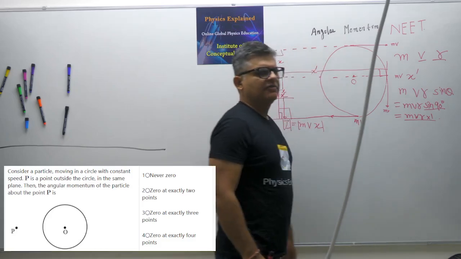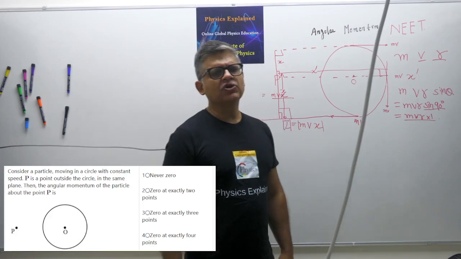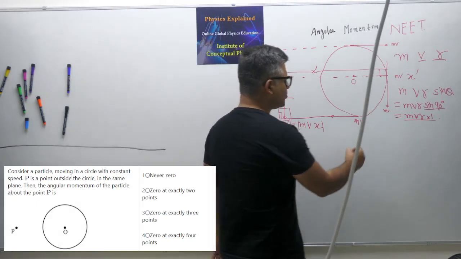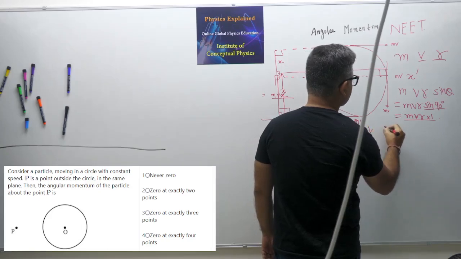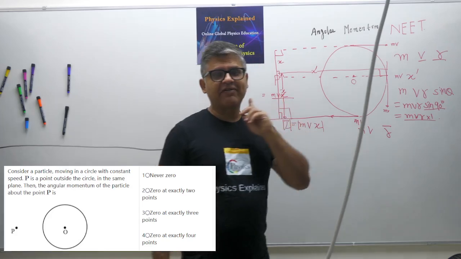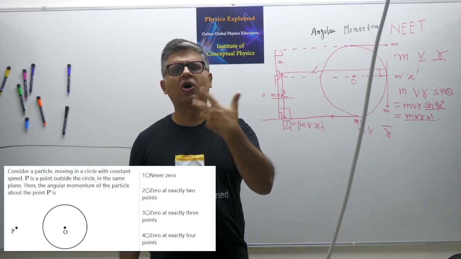But the general formula is MVR sine theta. So if I am able to find the positions where the momentum MV and R are in the same direction, the theta will become 0 or 180.